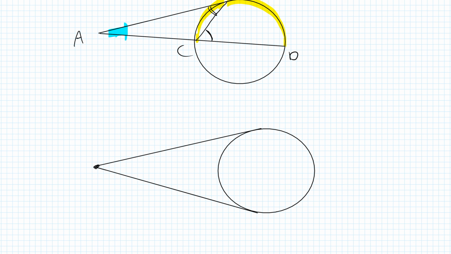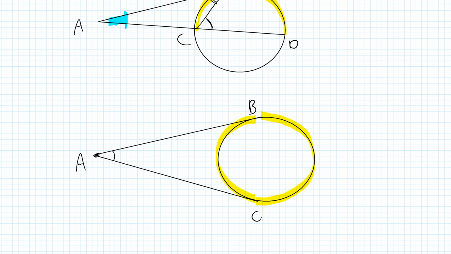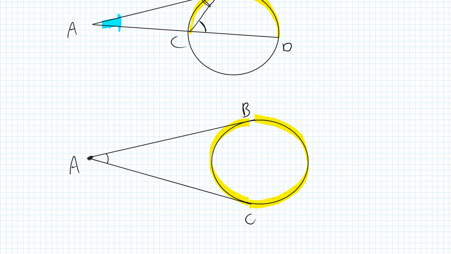Is it true that angle A, let me label this point, A, B, and C, is it true that the measure of angle A is equal to arc BC minus arc BC? Basically, the major minus the minor arc BC. And the answer is also yes, and you can prove it, okay? And that's something I'm going to leave up to you. You can also check in the textbook, but it actually always works, okay?